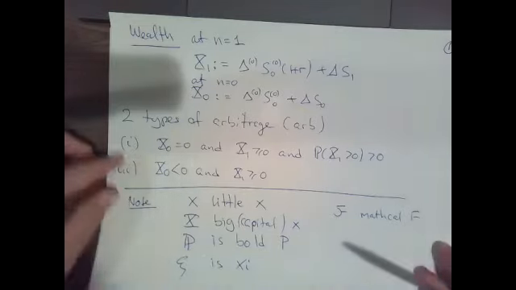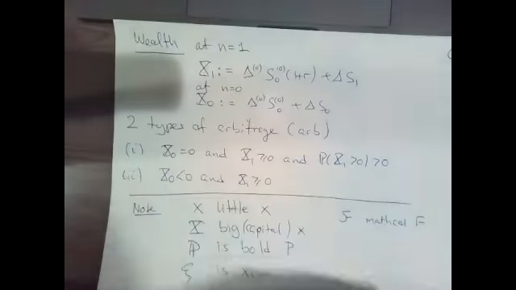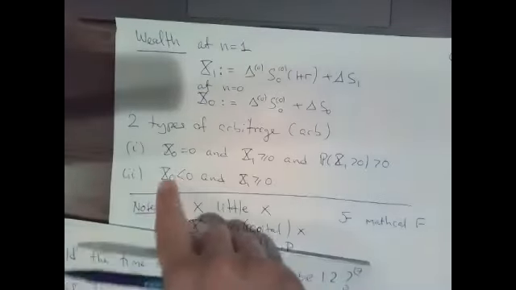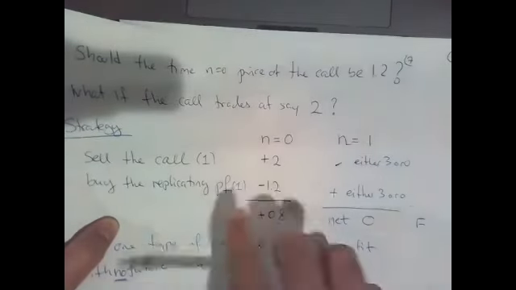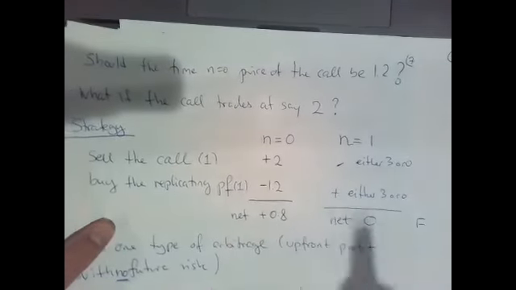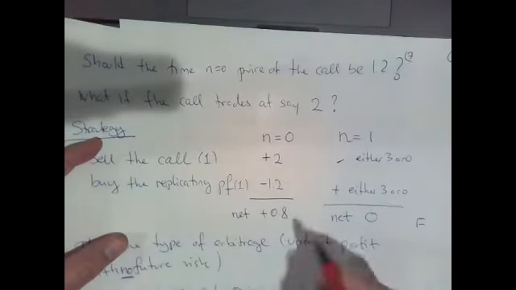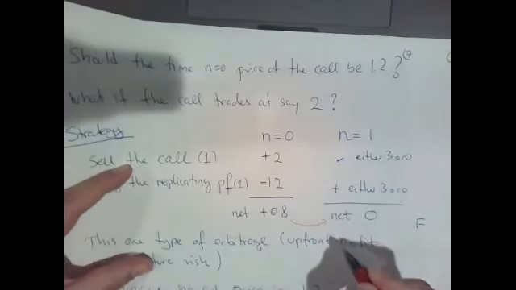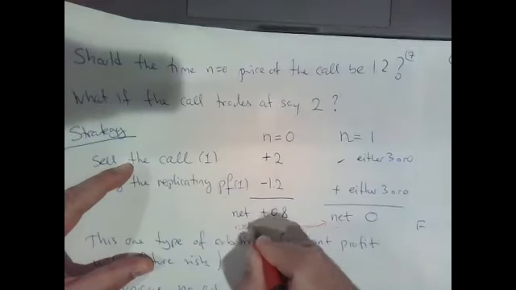So there are two types of arbitrage. If you're not happy with, one of you suggested that we could just push this payoff here into the future. So if we don't like type 1, we can just move this one here into the future. Like in that case, we could move this thing, we write that in red. I could move this thing into the future. And then in the future, I would have a net here of 0.